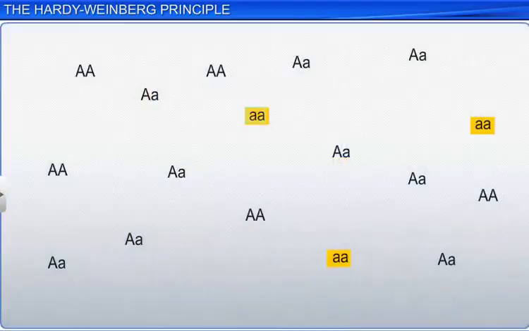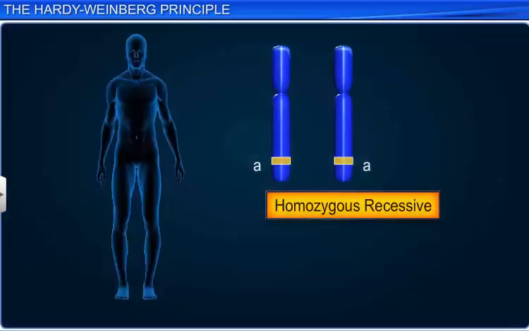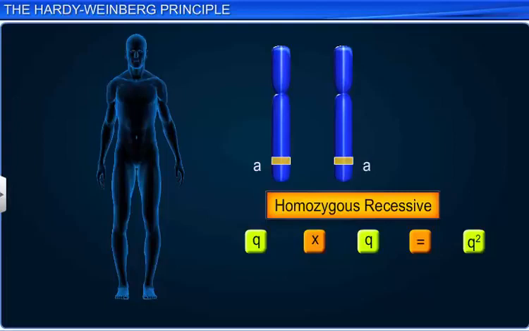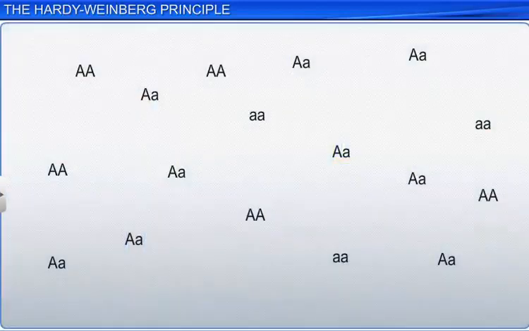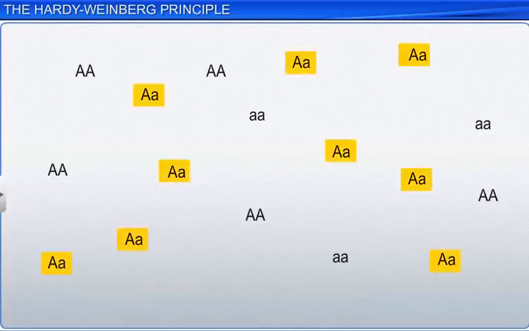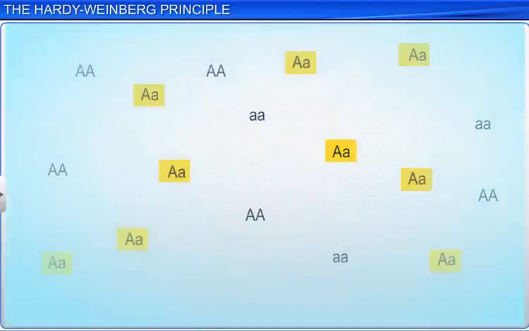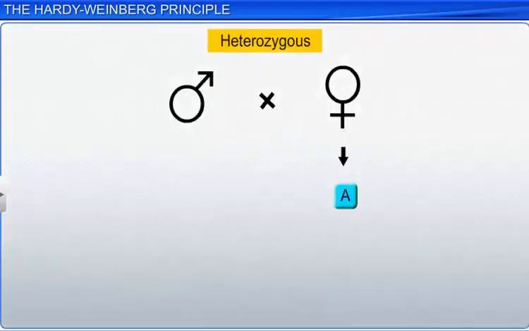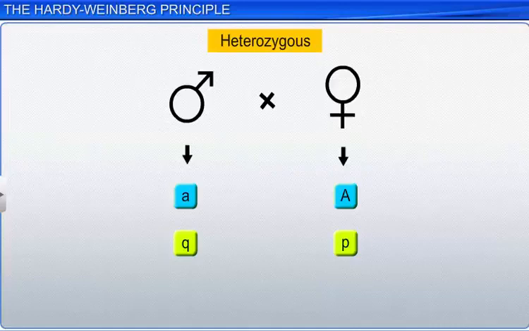Similarly, the frequency of a homozygous recessive individual, or small a small a, is q squared. Since there are two ways of forming heterozygotes, or capital A small a, that is, capital A allele from the mother and small a allele from the father, and vice versa, the frequency of a heterozygous individual, capital A small a, is 2pq.